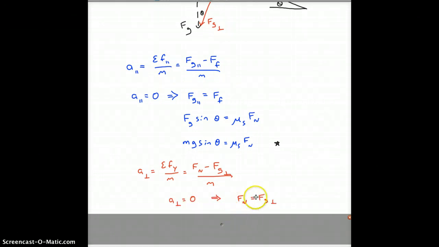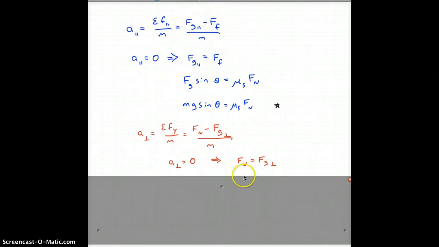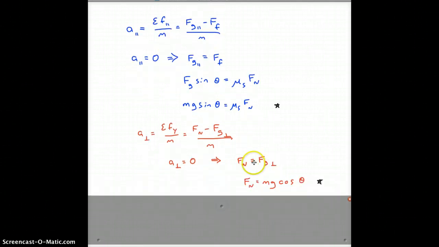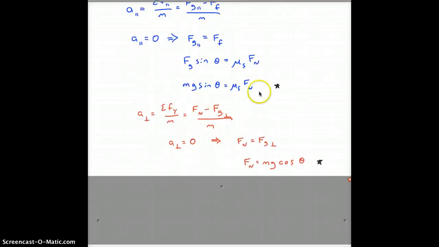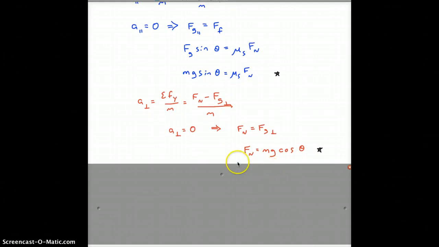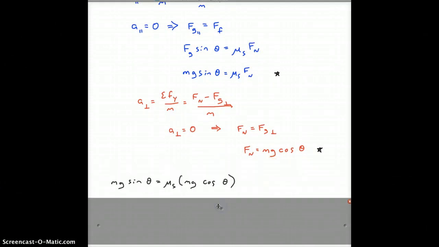So again, the normal force is balancing the perpendicular component of gravity. Substituting here, the perpendicular component of gravity is equal to the whole gravity vector times the cosine of theta, because the perpendicular component is the adjacent side. So here's another equation. I've starred these two equations, and now I'll combine them.